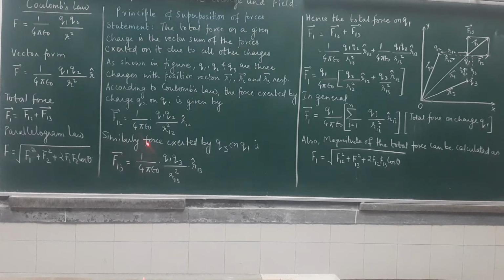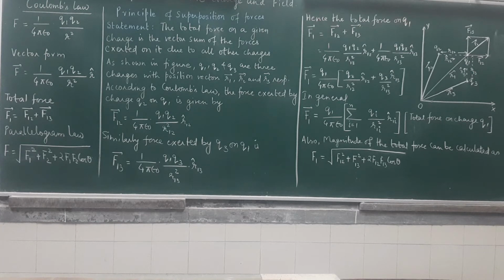Similarly, the force between charge Q3 and Q1 will be F13, written by Coulomb's law. The direction of this force is given by a unit vector r cap 13, and the distance between Q1 and Q3 is r13.